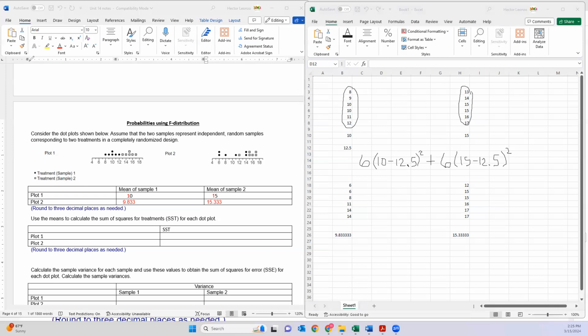Okay, now let me worry about the typing. I'm gonna say okay. And as a matter of fact, let me write the information down. We're gonna call this SST, which is the sum of squares for treatments. I'm gonna go equals. So once again, I'm gonna calculate something. I'm gonna go 6 times. For times in Excel, you see that little star?